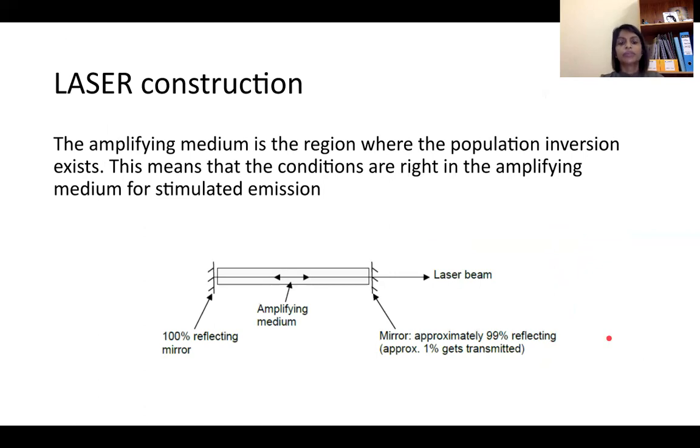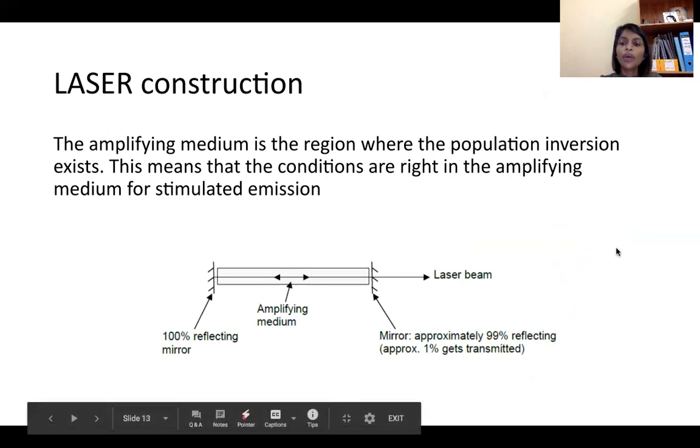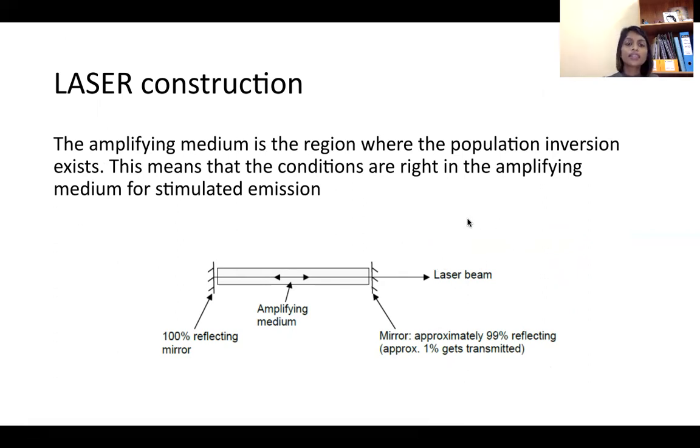Laser construction. How are we going to construct the laser? In a laser, the amplifying medium is the region where the population inversion exists. This means that the conditions are right in the medium for stimulated emission.